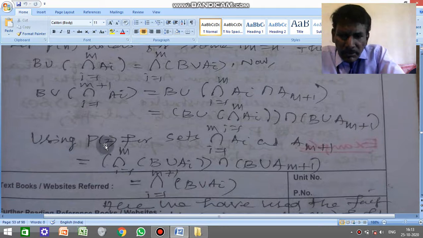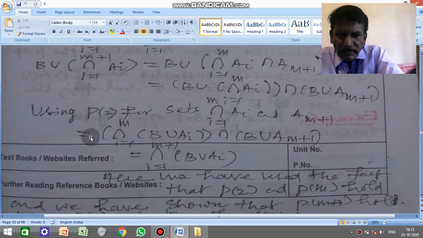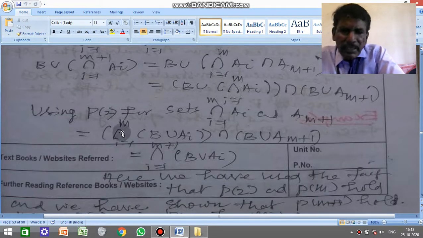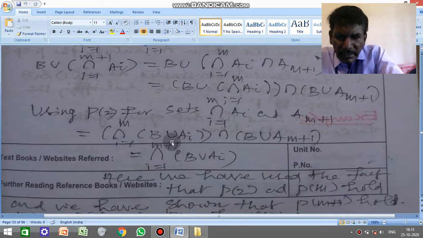Now using P of 2 for the sets intersection i tends to 1 to n Ai and A m plus 1, that particular idea we are using there. Therefore B will go inside, union of Ai intersection. That intersection we are bringing inside, as it is previously, and we get this particular step here.